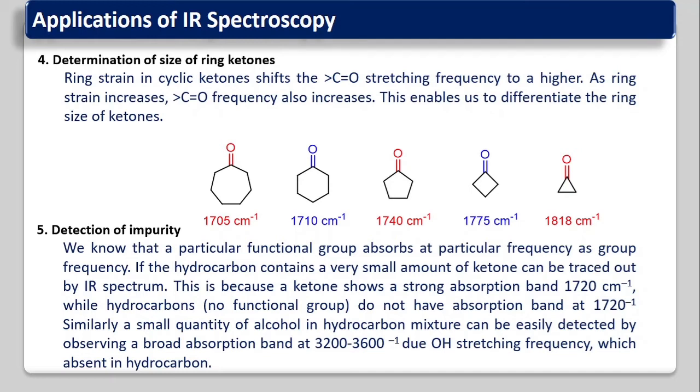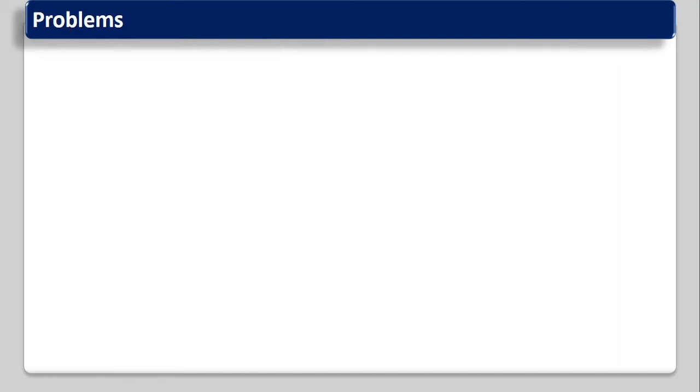Now we will learn some problems, how these problems will be asked in the IR spectroscopy chapter. Before starting the problems, most of the answers should start with how many sites of unsaturation are there. If you know the sites of unsaturation, then finding out the functional groups will be easier, in the case of NMR spectroscopy as well as IR spectroscopy.